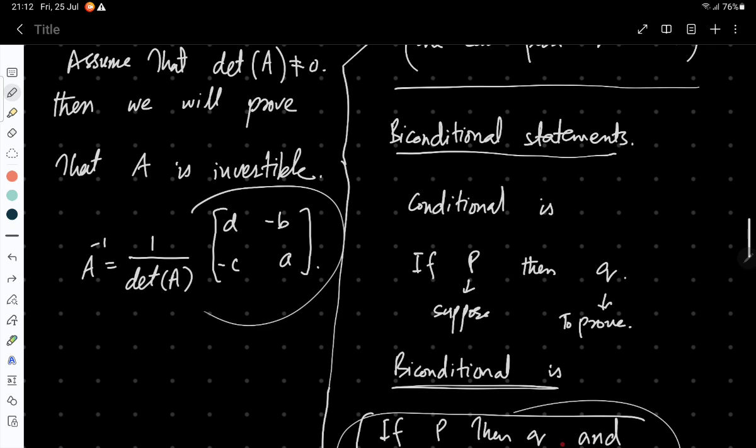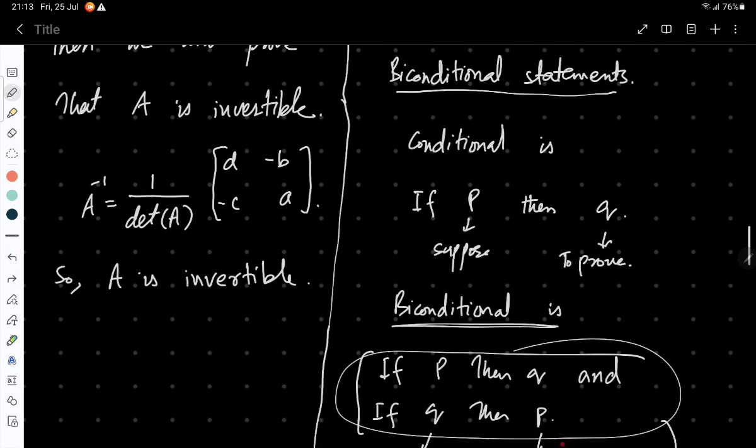Since the determinant is not equal to 0, I can write 1 by the determinant, and this is the formula for the inverse of a matrix. This means the inverse exists, and when the inverse exists, the matrix is invertible.